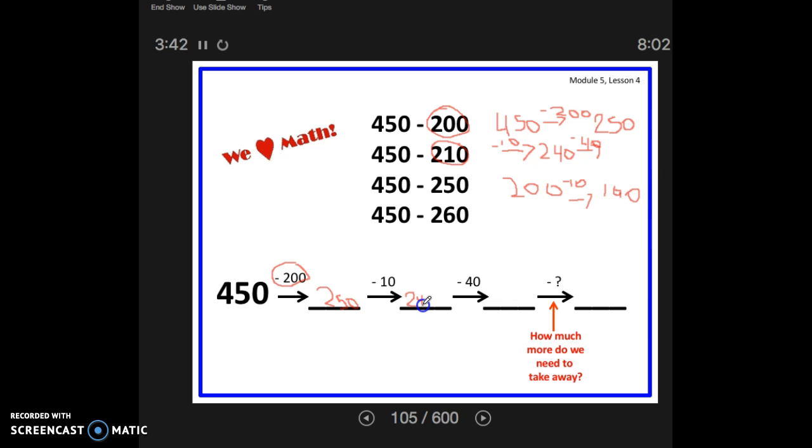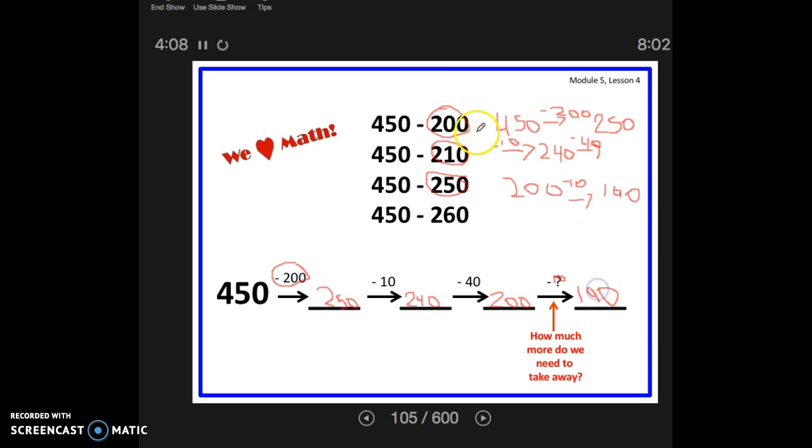And then the next one, we subtracted 40 because the difference between 210 and 250 was 40, and we got 200. And then this one, we had to subtract 10 because the difference between 250 and 260 is 10, so we get 190.